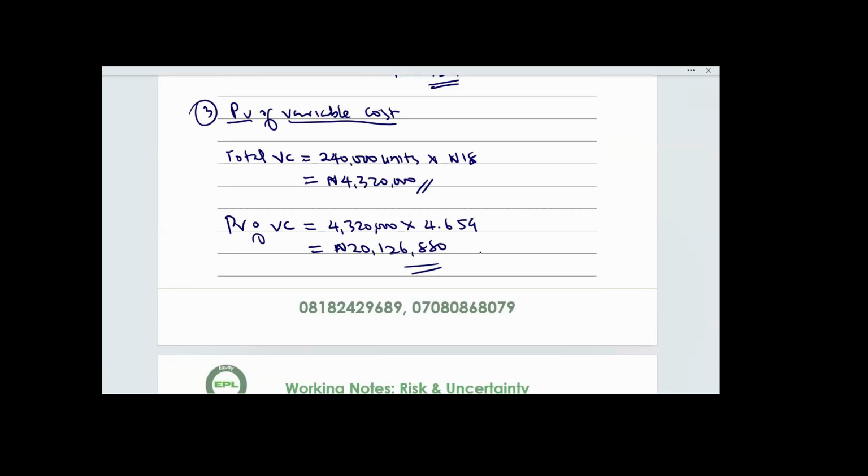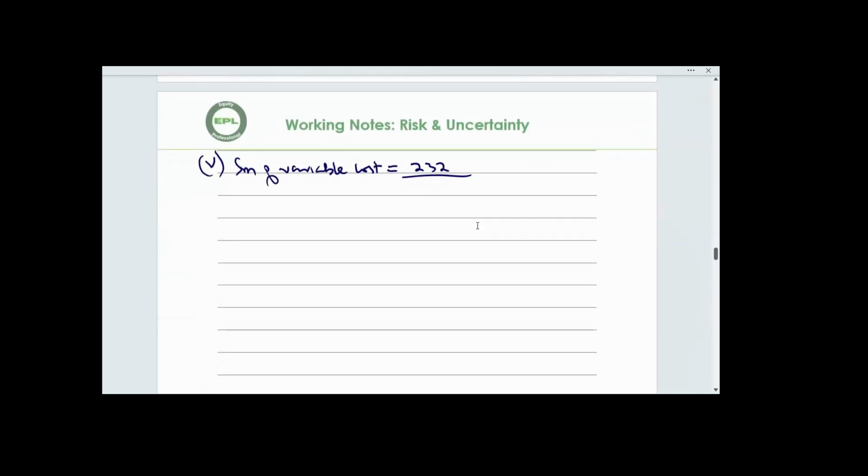Our figures are in thousands, so it will be 20,127. So here will be 232 divided by 20,127 multiplied by 100 over 1. That's 1.2%.